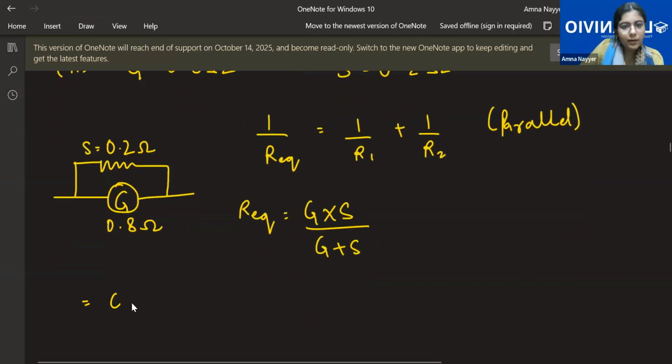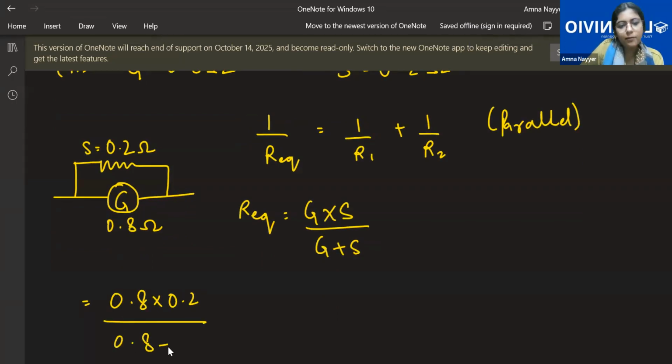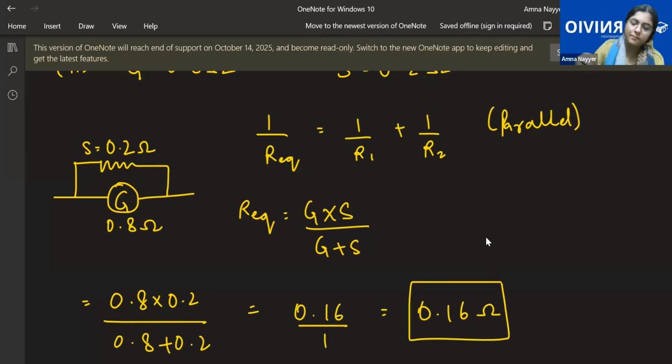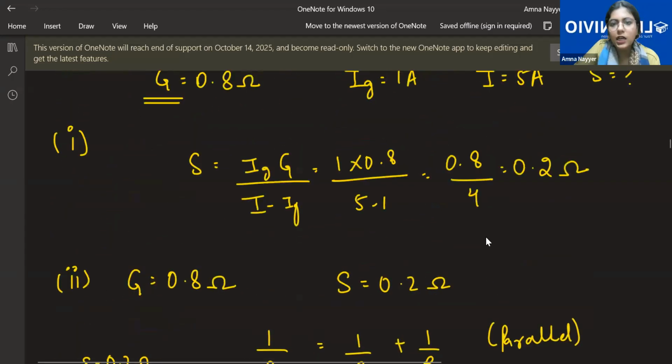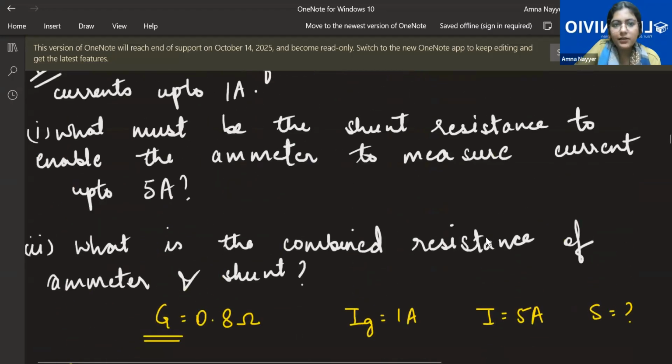This will be 0.8 into 0.2 divided by 0.8 plus 0.2. This is 0.16 divided by 1. That is 0.16 ohm, which is the combined resistance. Okay. Yes, ma'am, got it. So, Raneem, please write this.